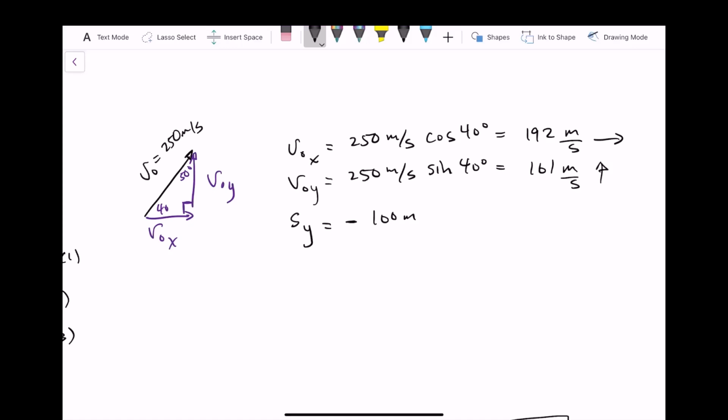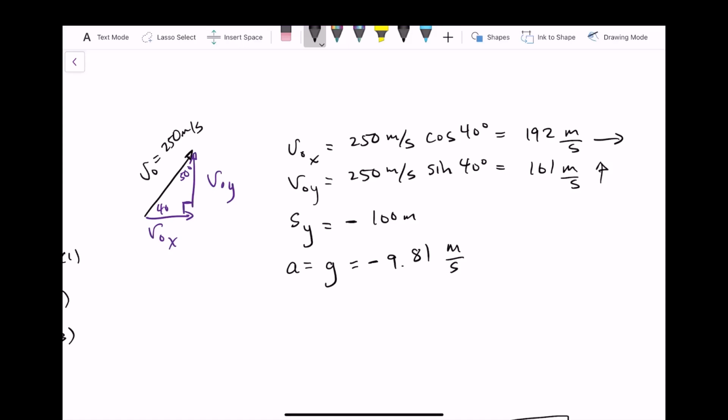Because if I decide that downwards is negative, and I just wanted to show that in this example, then our acceleration due to gravity, g, also has to be negative. You can't have one or the other. If downwards is negative, then any displacement or velocity or acceleration in that direction must be negative. You have to be consistent or you will not get the right numbers.